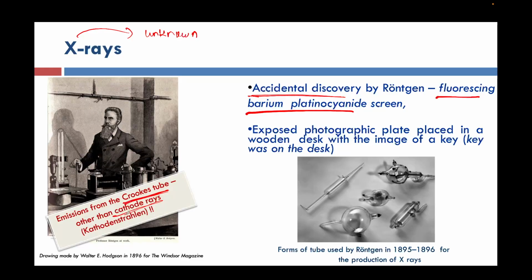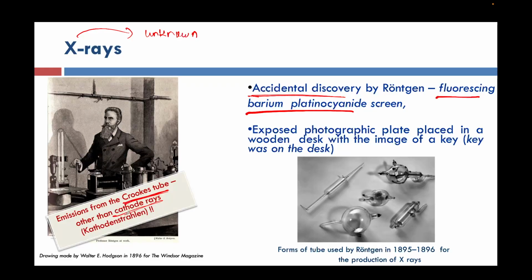Then came the accidental discovery of Röntgen. While doing experiments using cathode rays, in addition to the cathode rays, he also got some other kind of rays. That is why he named them X-rays, meaning unknown rays.